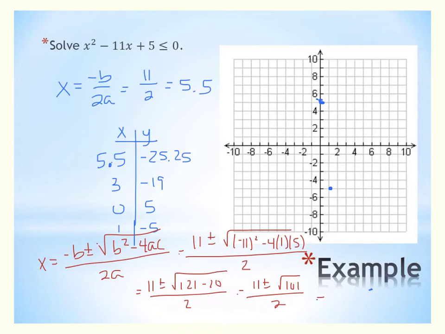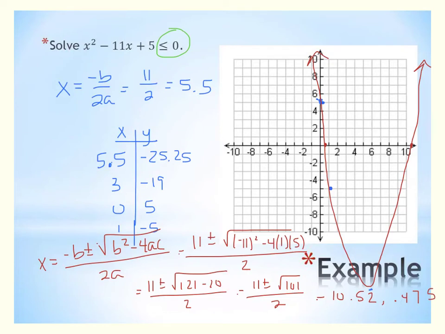So we're looking at 10.52 and 0.475 or 4.48. Okay, so we're looking at roughly there and 10.52 roughly here. And when you graph this, that's what it's going to look like. Okay, so we want the values that are less than 0.